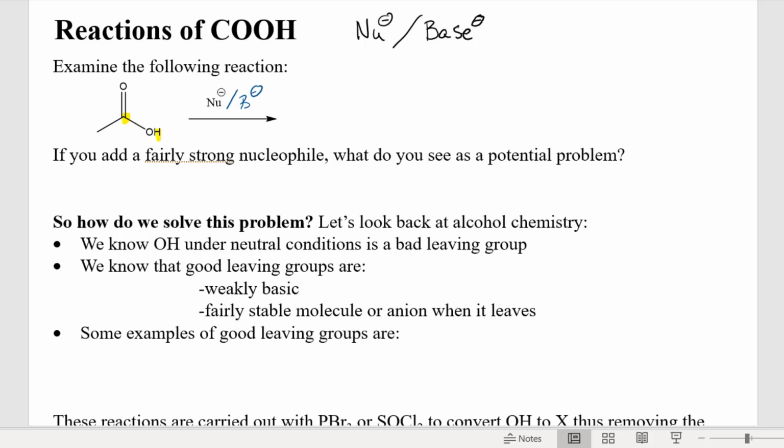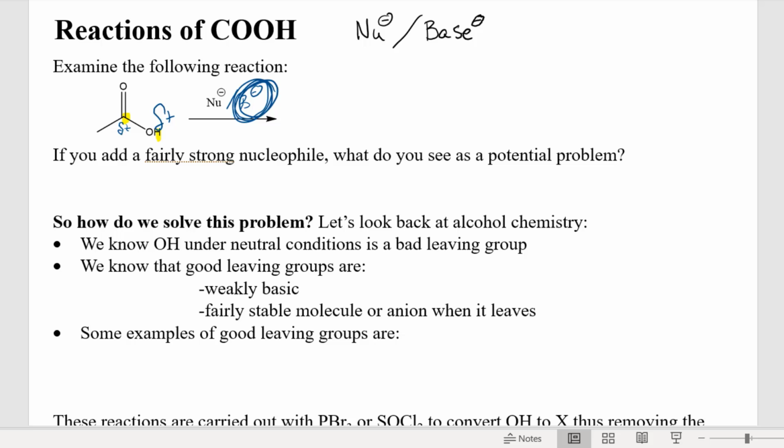They're both partially positive. And if you had a choice between the two, the hydrogen is way more electropositive than the carbon, and it is way less sterically hindered. So the base function will actually overtake the nucleophilic function.